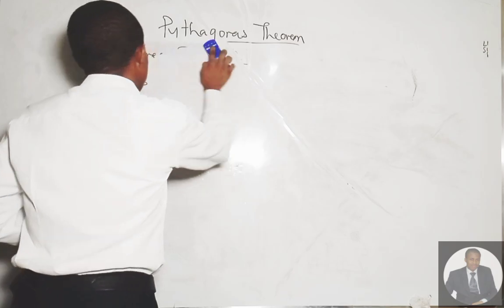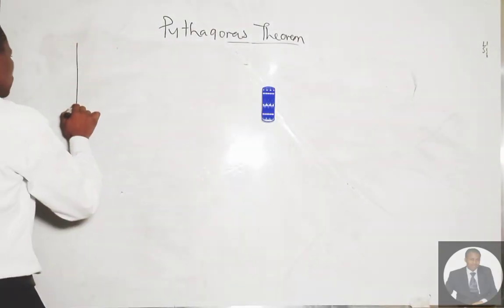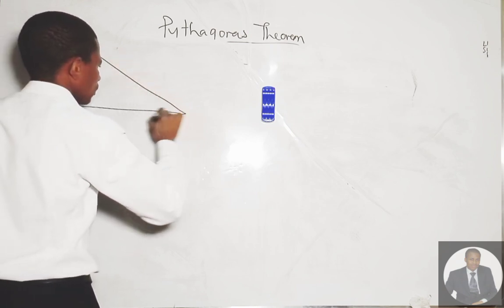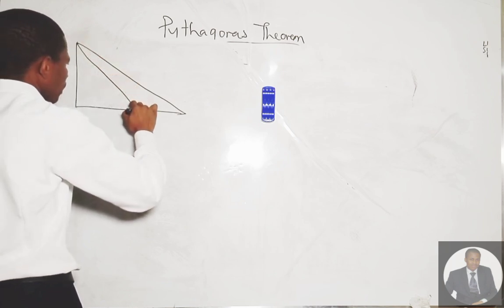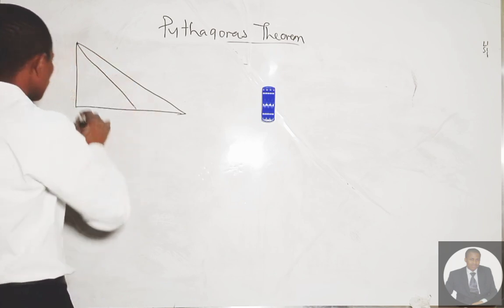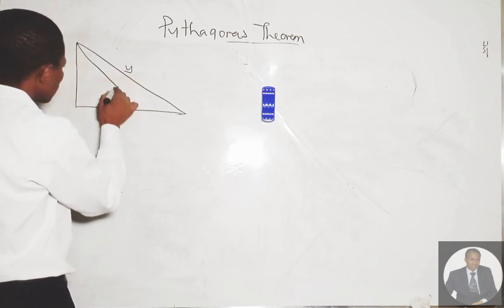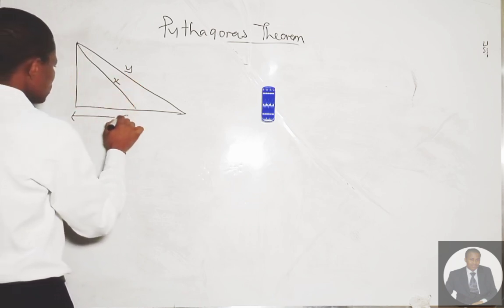Now let's look at this diagram. This is y, this is x. From here to here is 9.